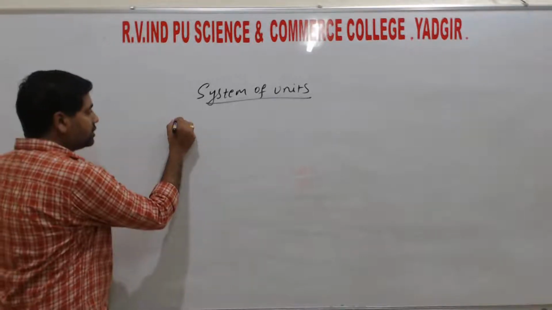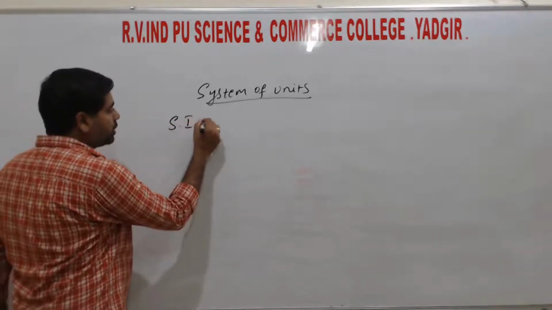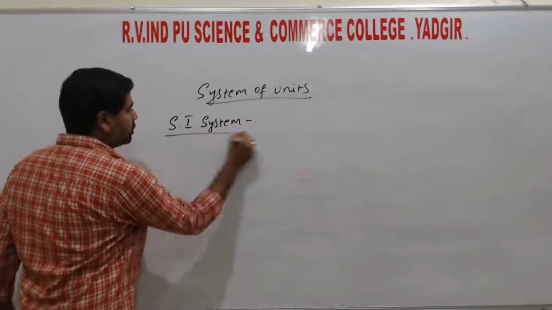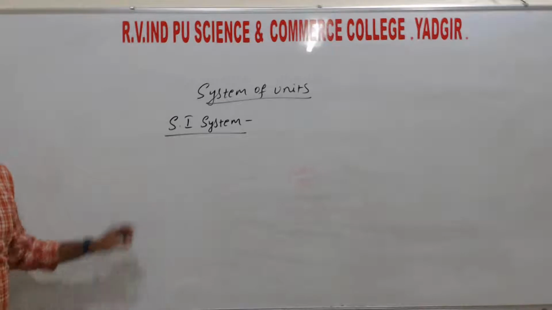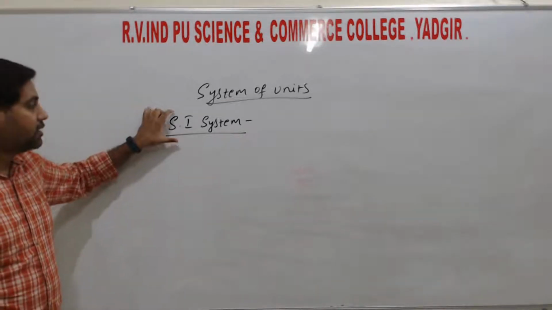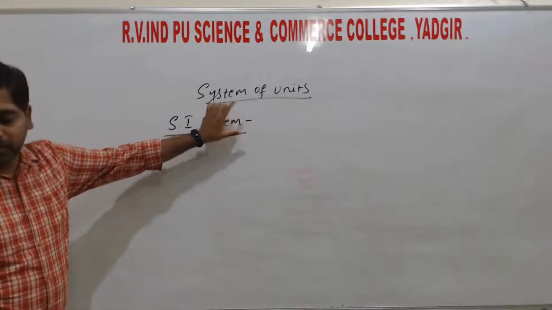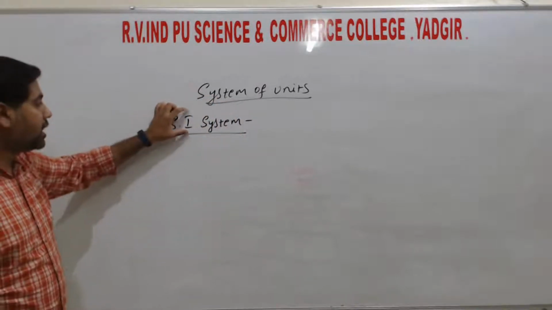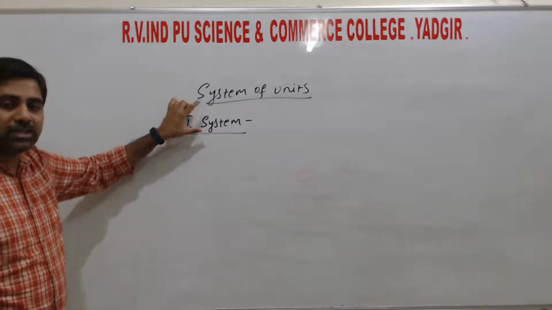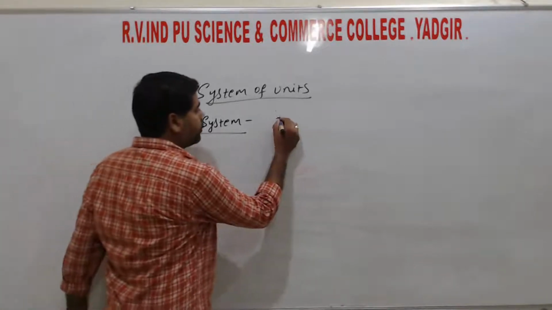So nowadays, which system of units are we going to use? That is the SI system of units. SI means international system of units, or system of international units.